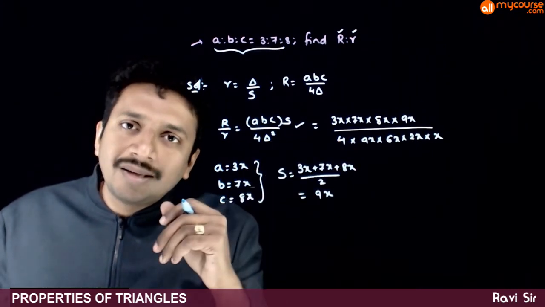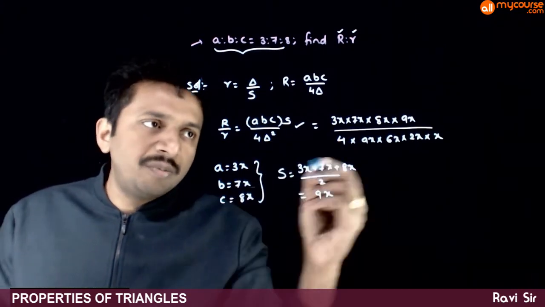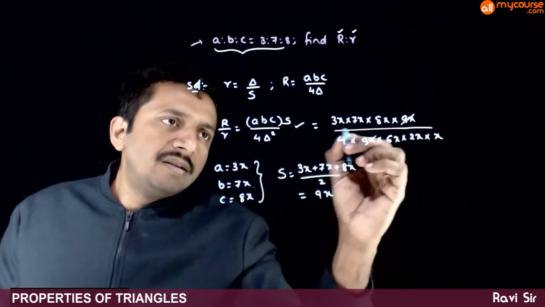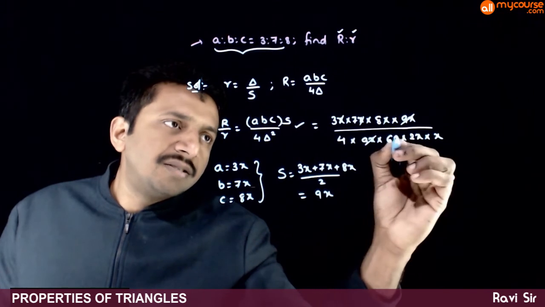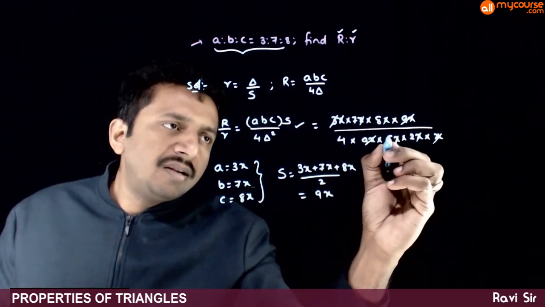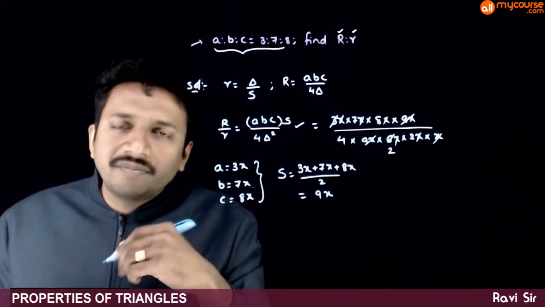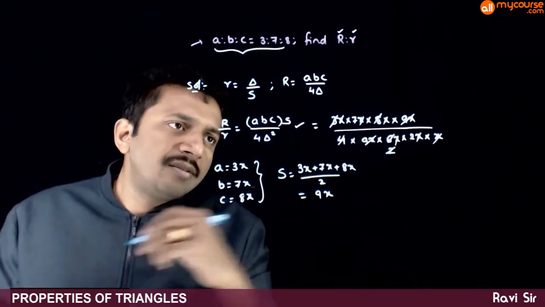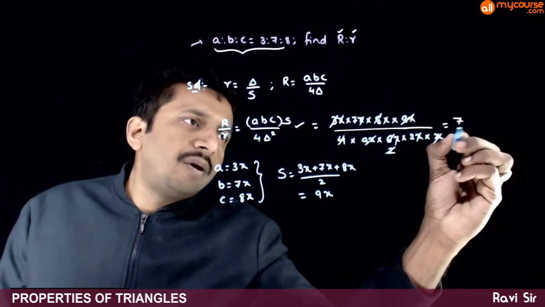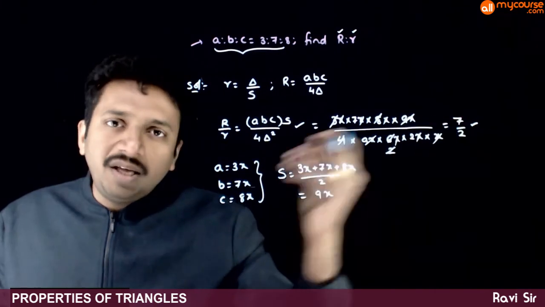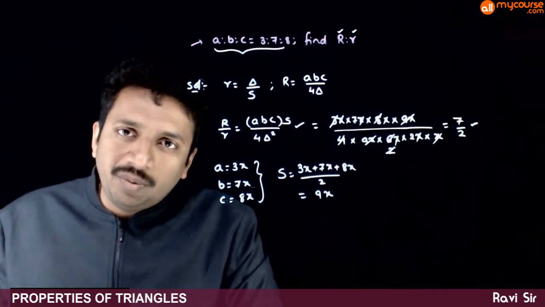Now cancel out the terms common in numerator and denominator. 9x and 9x get cancelled. All the x's get cancelled, as you can see. 3 2s are 6, and 4 and 2 get cancelled with 8. So you are finally left with 7 by 2. So capital R by small r will be equal to 7 by 2.